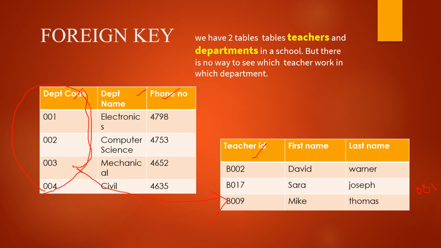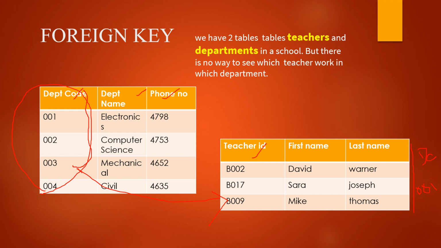This foreign key refers to the primary key of another table. When we add this department code to the teacher table, we are just adding one more column, the department code.